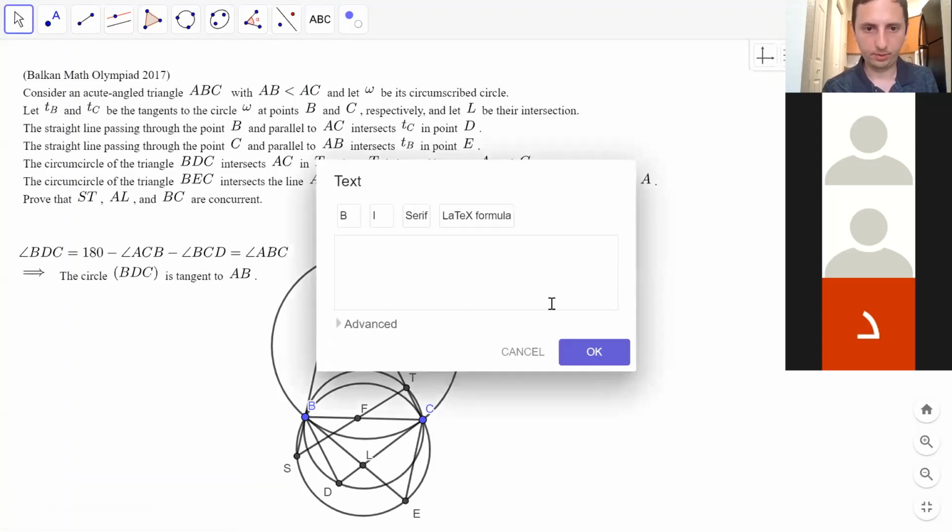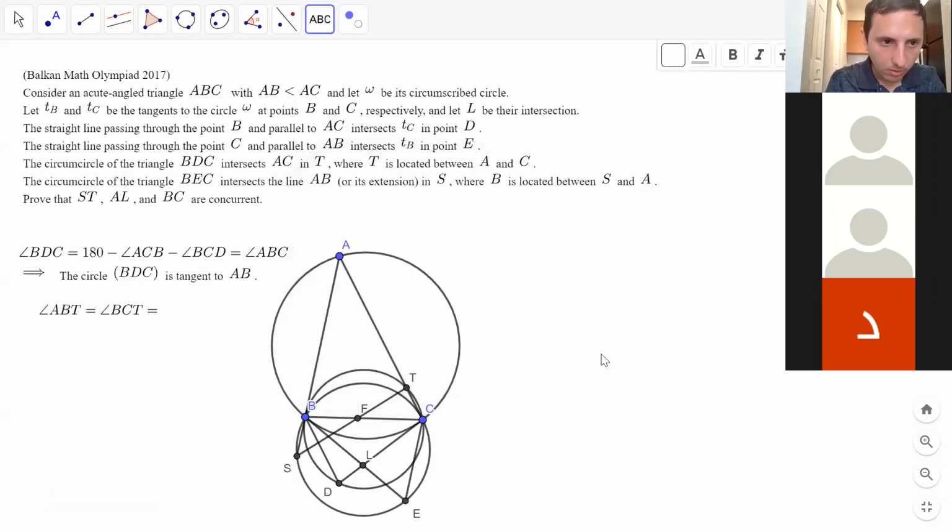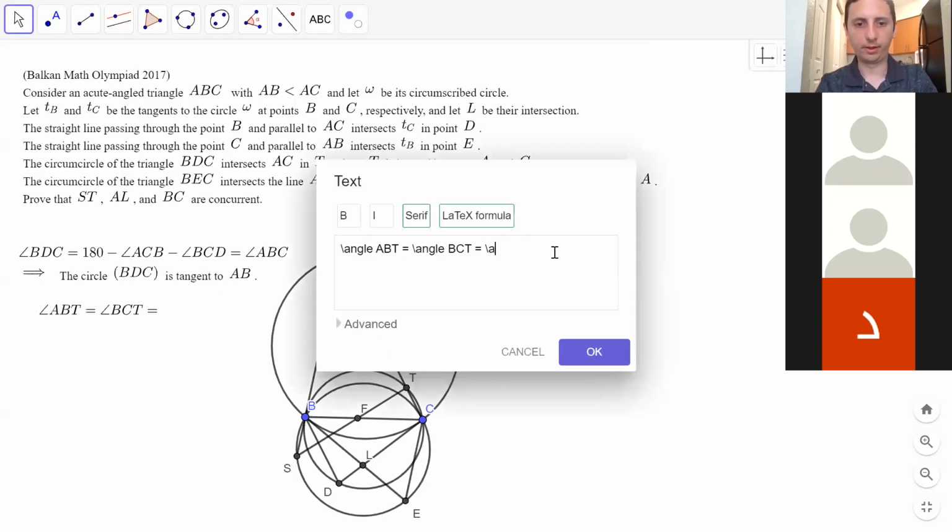So angle ABT equals angle BCT, which is equal to... we want to show it's ASC, right? So BCT, and then ASC, so this is BCA.